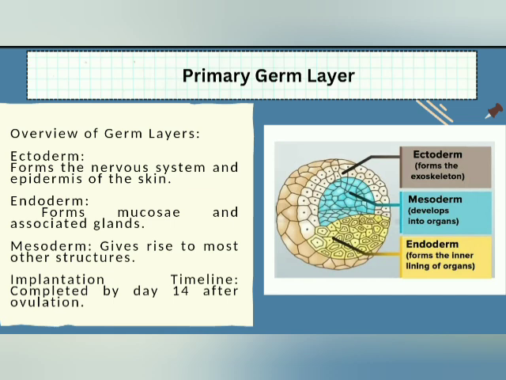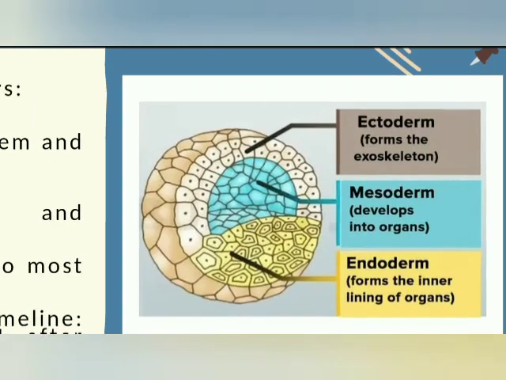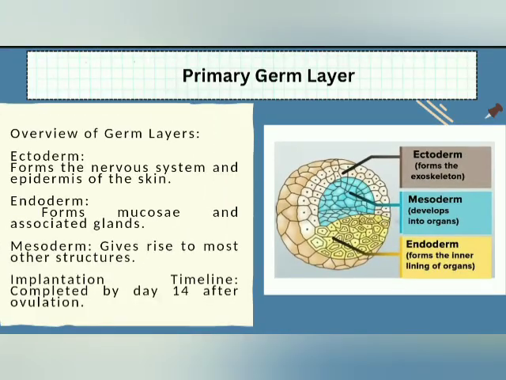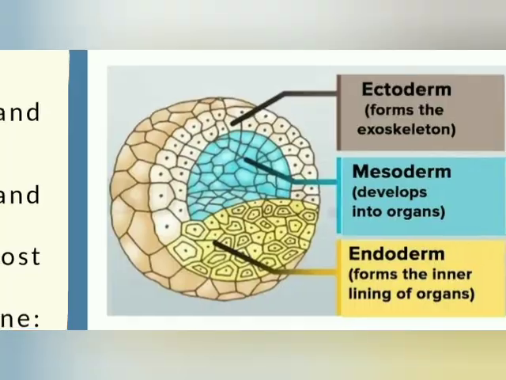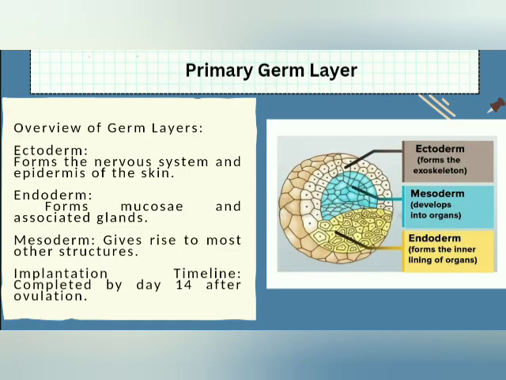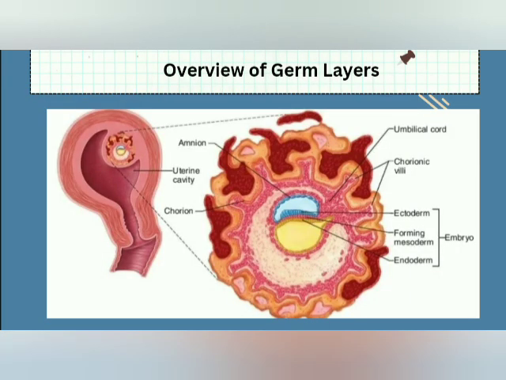This is the primary germ layers. The first layer is the ectoderm, which forms the nervous system and the skin. Endoderm forms the mucosae and also the associated glands. And the blue one, the mesoderm, gives rise to most other structures.